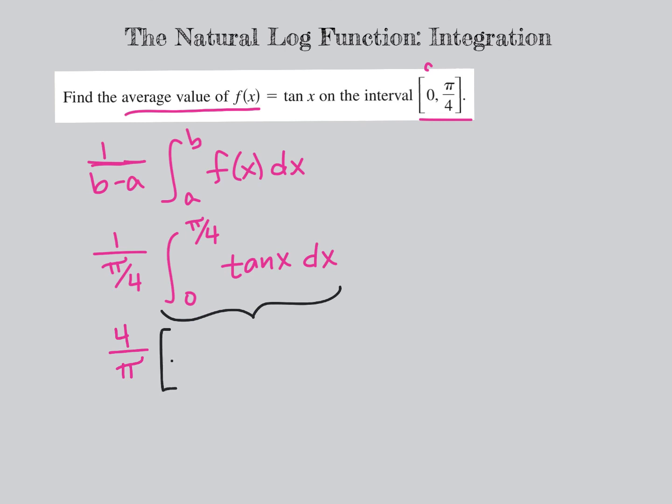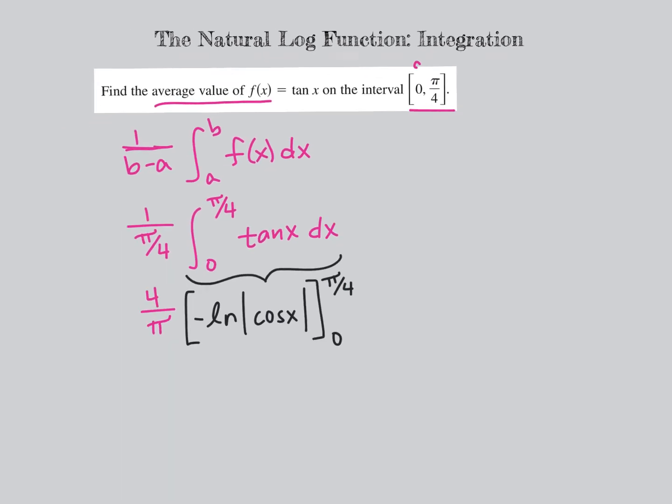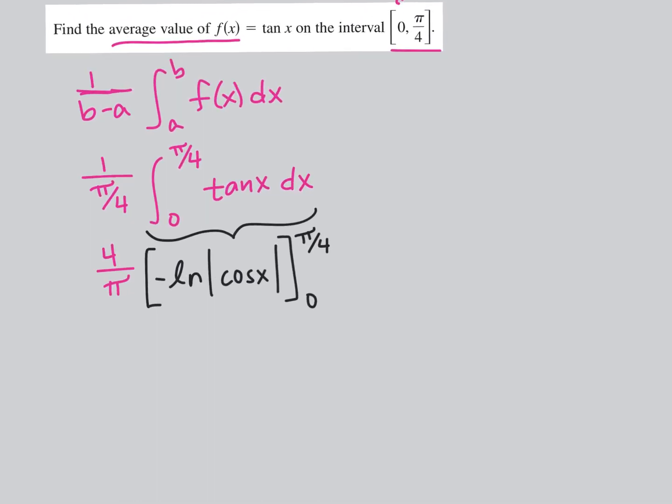This is going to be negative the natural log of the absolute value of the cosine of x. And then instead of a plus c, we're going to evaluate this from 0 to pi over 4. Now this 4 over pi, I'm just going to wait until the very end to multiply by that again. Instead, I'll just do the definite integral. So the first thing we're going to do is plug in pi over 4.